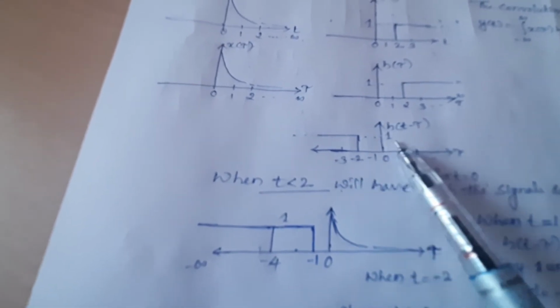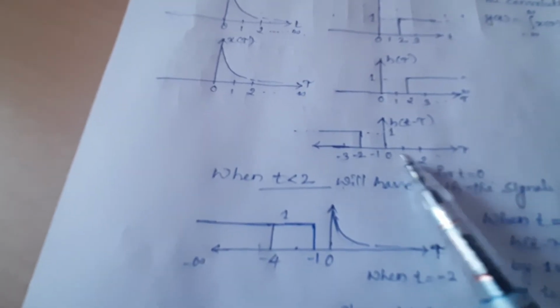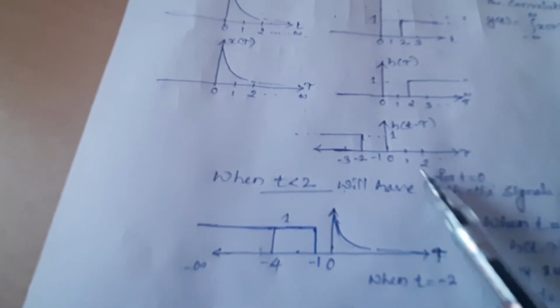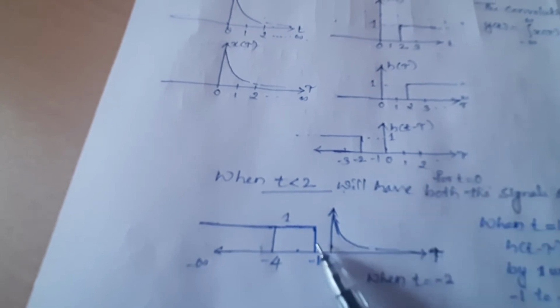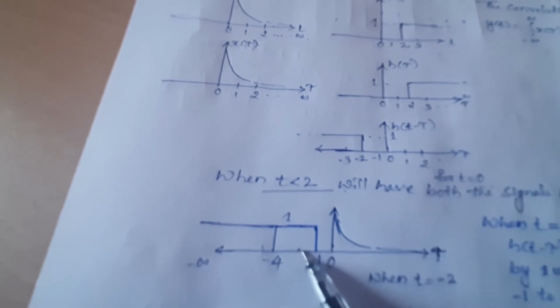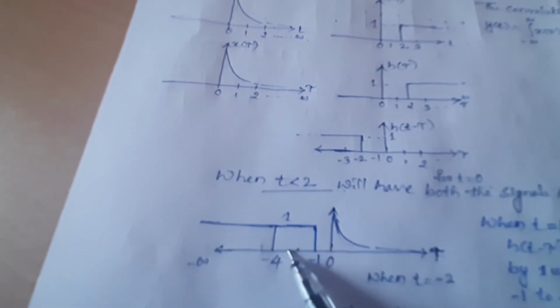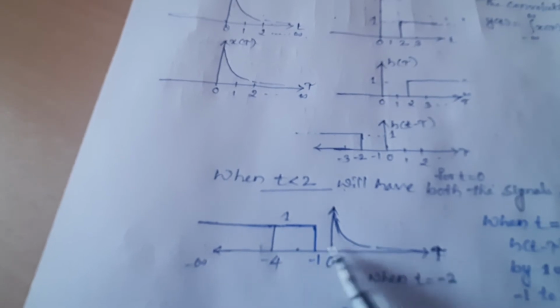Now when we take the value of t as 0, because this is drawn by considering t as 0, the signal will be at minus 2, so from minus 2 to minus infinity it will be running. But still there will be no overlapping.